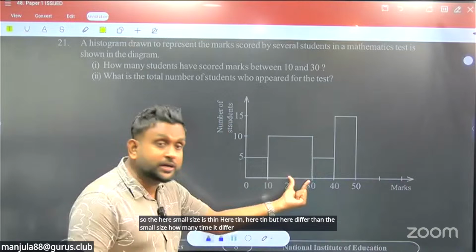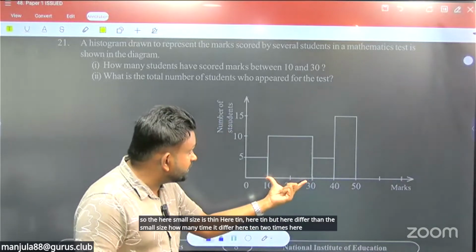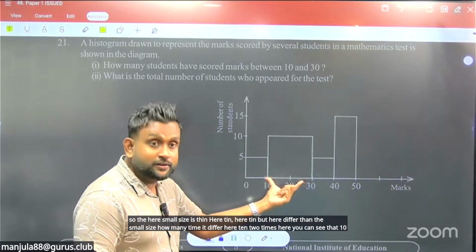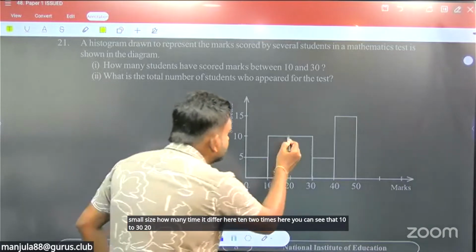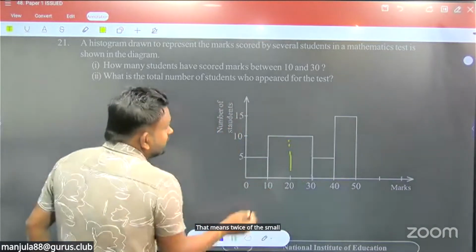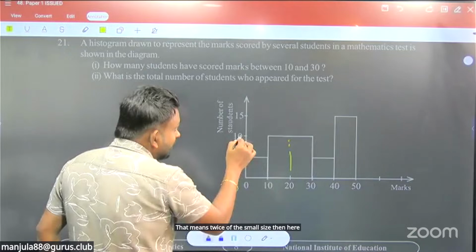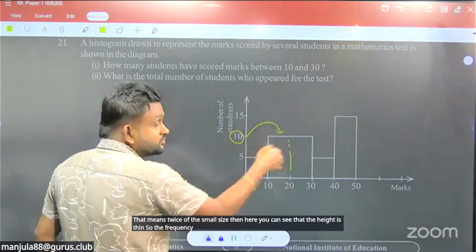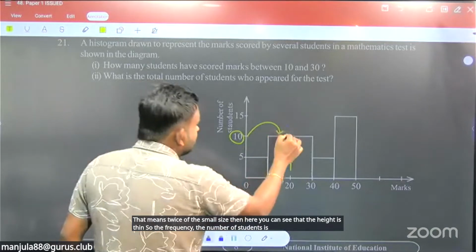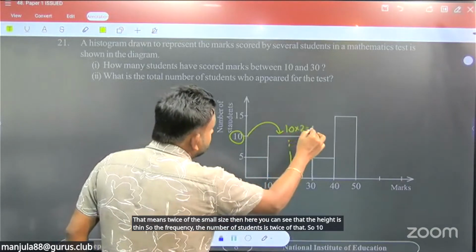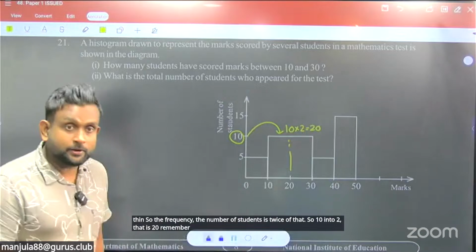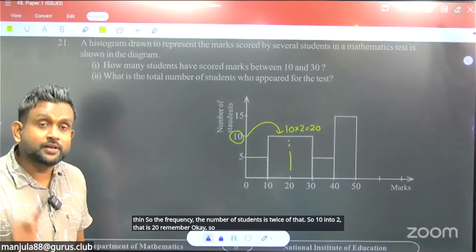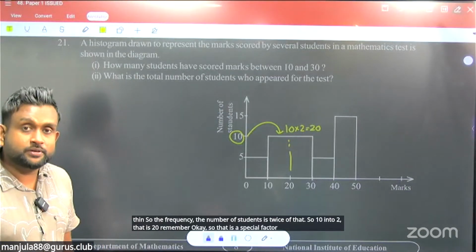Here 10 to 30 is 20, that means twice the usual size. Then here you can see that the height is 10, so the frequency, the number of students, is twice that. So 10 into 2, that is 20. Remember, that is a special factor when you are dealing with a histogram.